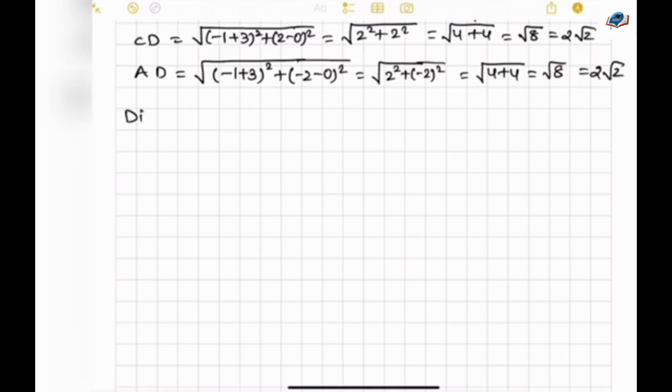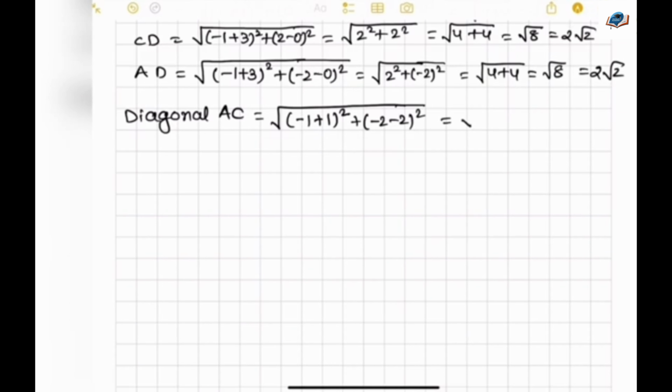So let us also check the diagonals AC and BD. So diagonal AC will be equal to root of (-1 minus of minus 1), so plus 1 whole square, plus (-2 minus 2) whole square. So that is coming as 0 plus 4 square. So root 16. So that is coming as 4.